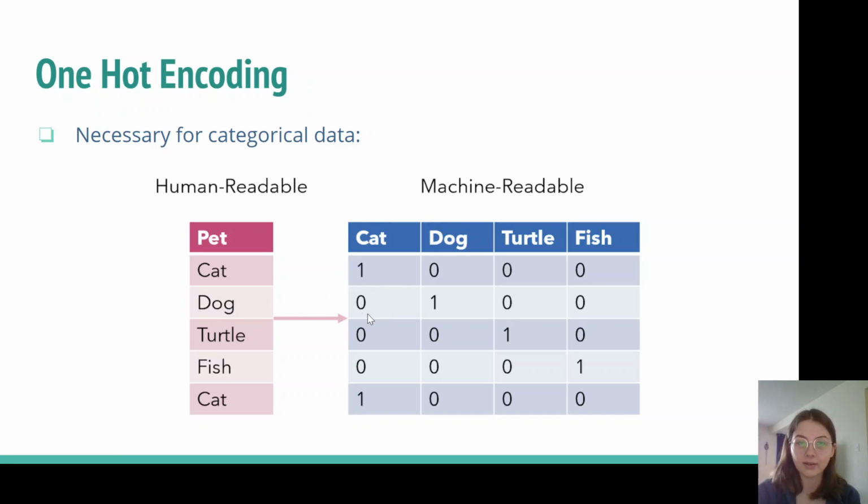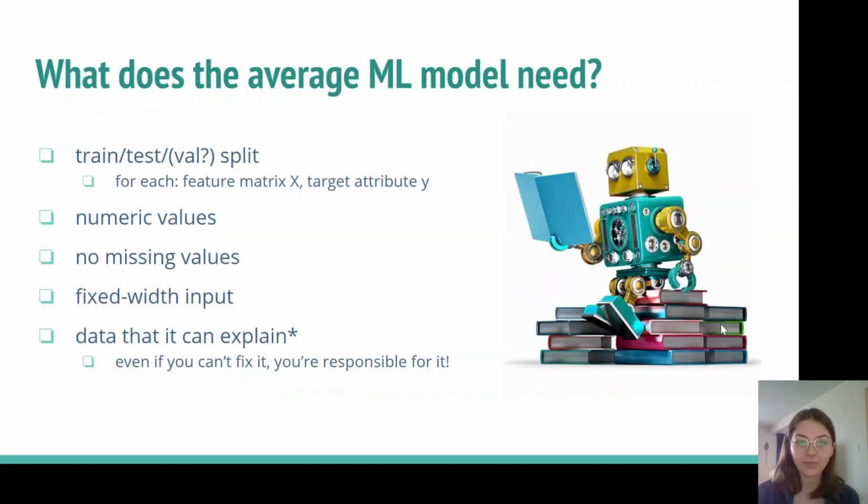Same with the dog, so 0 for cat this time and 1 for dog, all the way down. And if cat appears again, it would get this one here. So this is great. Machines love this. Even though it's a little bit less nice for humans, this is just a necessary step. This must be done for all categorical data before the machine learning part is done on it.